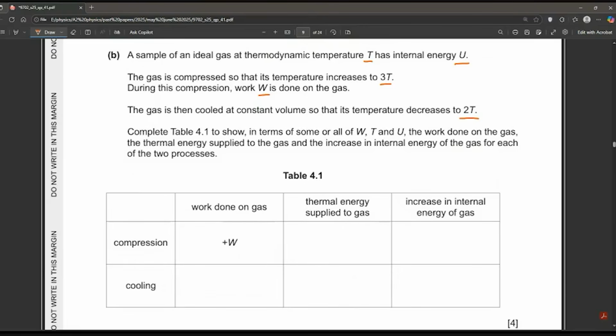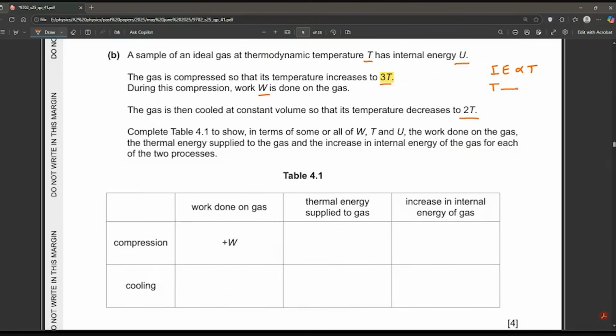Now, let's first of all look at the compression. What is happening in compression? Your temperature is increasing to 3T. I have told you internal energy is directly proportional to temperature.